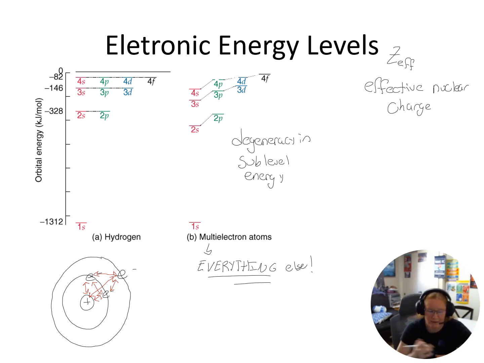My s orbitals have the greater probability of residing close to the nucleus, so those are lower in energy. The atomic orbitals of a multi-electron atom do resemble those of hydrogen, but because of adding another electron, I have interactions between my electrons, and I wind up with that degeneracy. I start to see more spectral lines, which are consistent with energy split into those sublevels.